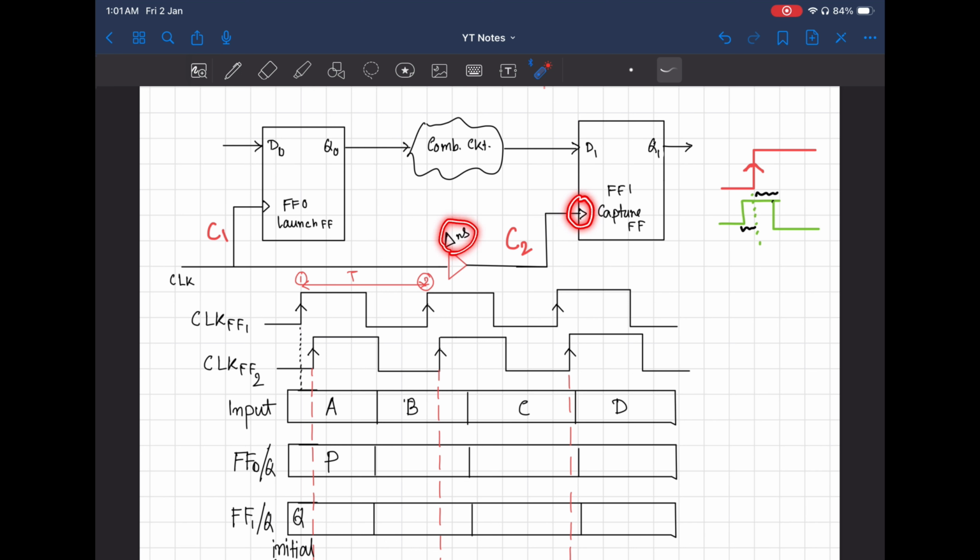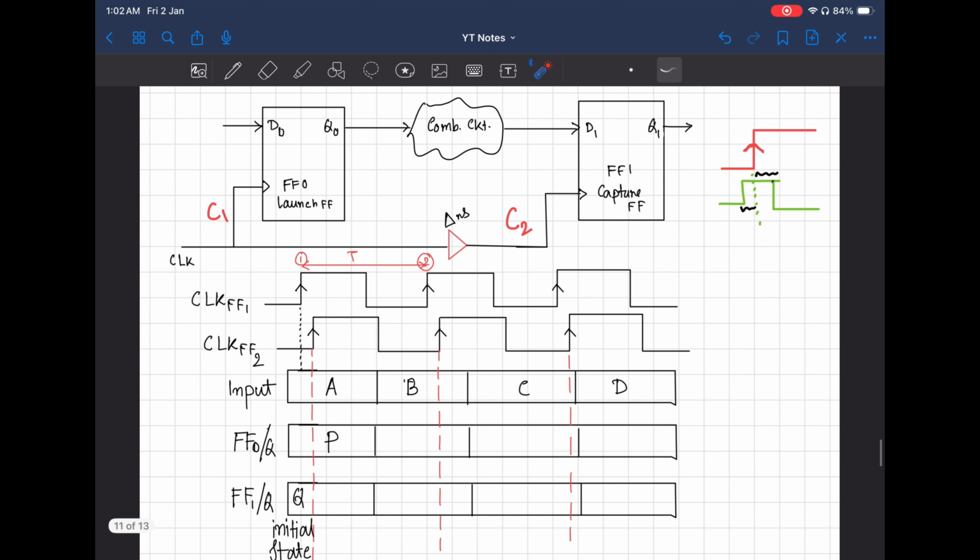So I represented the same thing here: this is clock flop 0 and this is clock flop 1. This delay represents your delta nanosecond delay.